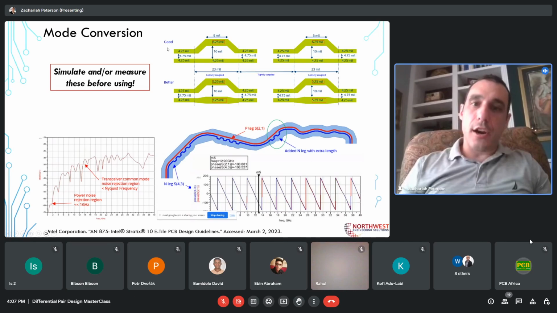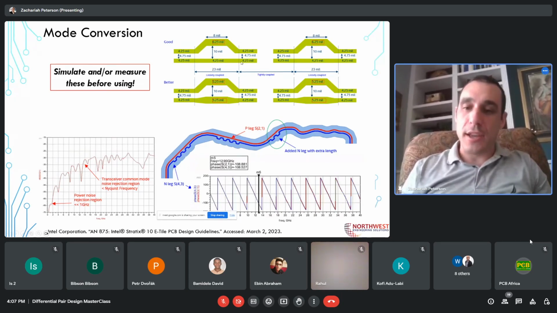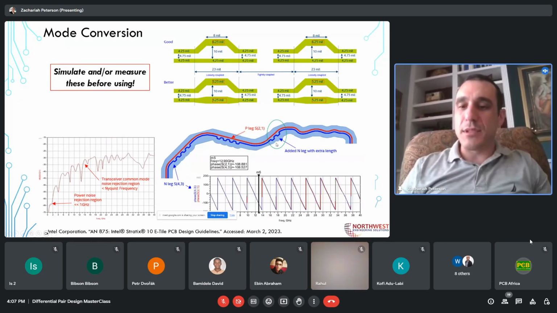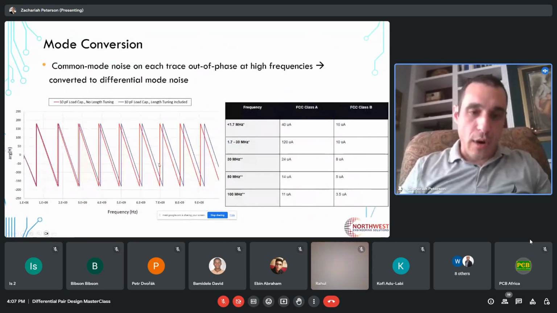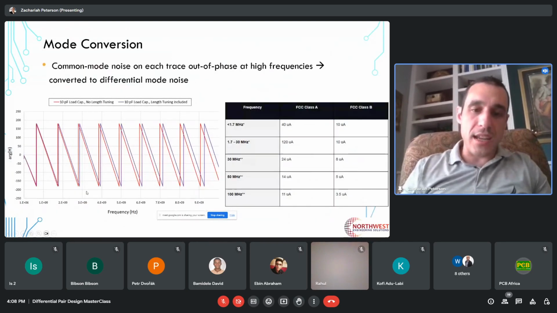So here, what they've done in this application note for Intel Stratix devices is show some possible solutions to the issue that happens in your CAD tool with applying delay tuning. And what they're also showing is that sometimes if you have excessive phase mismatch, like you have in this graph that I've shown here for the transfer function for a transmission line, just one or two extra length tuning sections is enough to bring this phase graph back into alignment so that these two curves overlap.